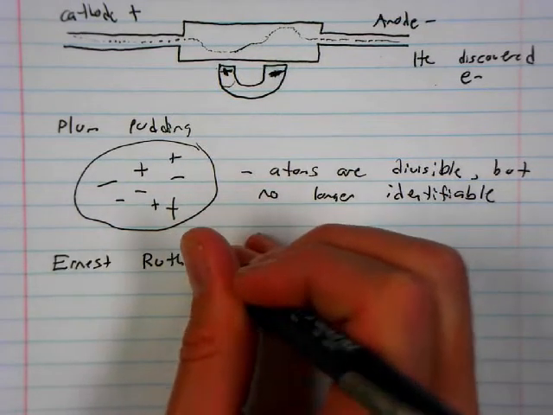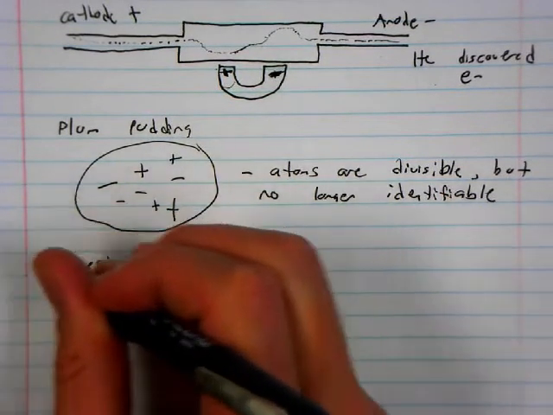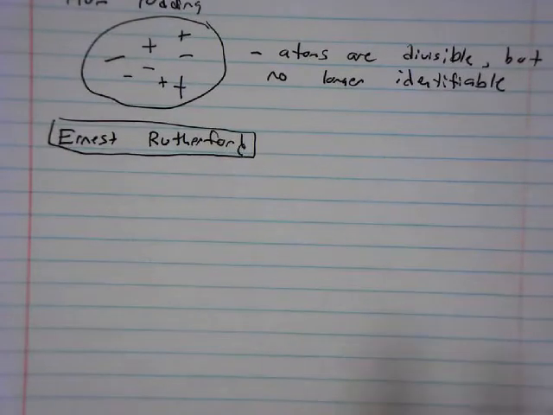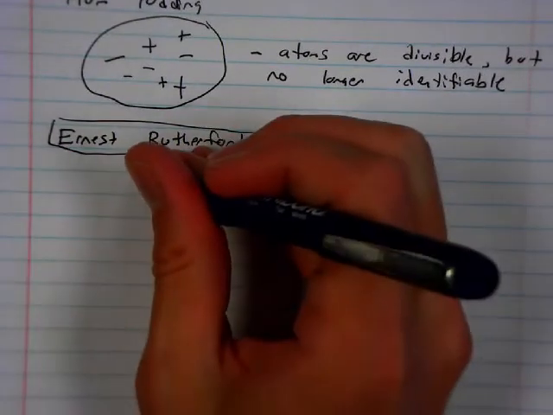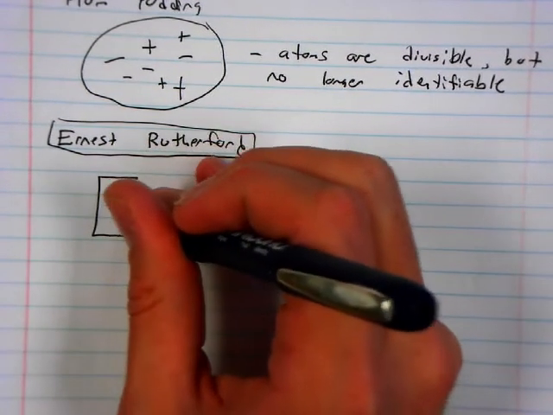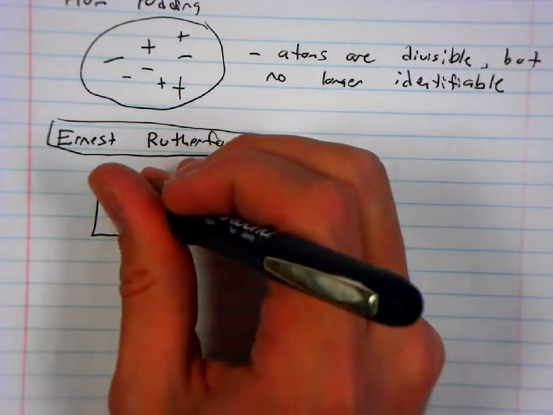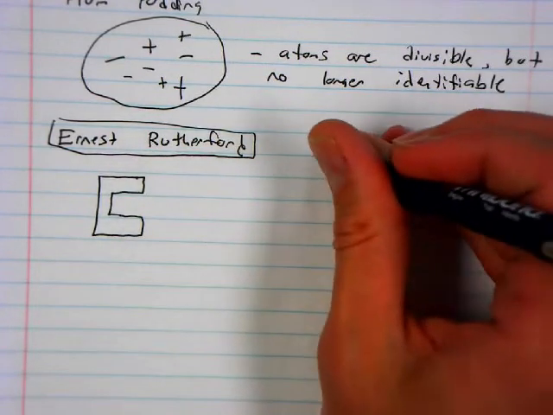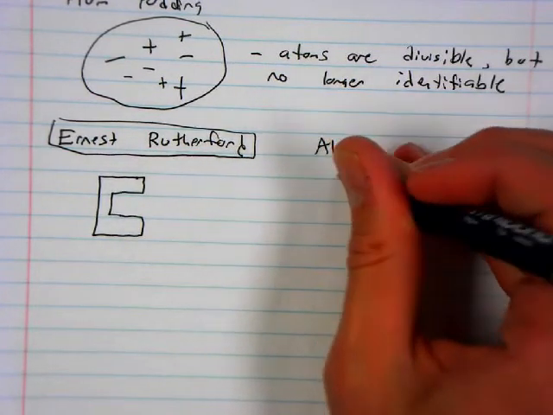Then came Ernest Rutherford. He did a pretty cool experiment as well, and this should sound familiar to our CP chemers too. Ernest Rutherford shot a positive charge. He shot alpha particles, like an alpha gun.